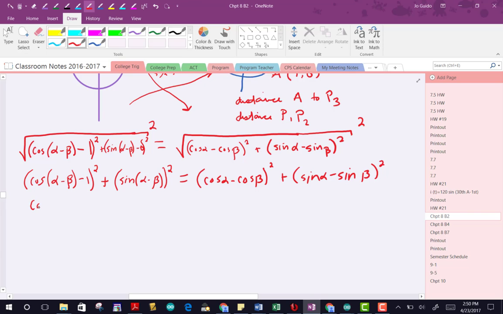So I get the cosine squared of A minus B minus 2 cosine A minus B plus 1 plus the sine squared of A minus B minus 2 sine of A minus B.